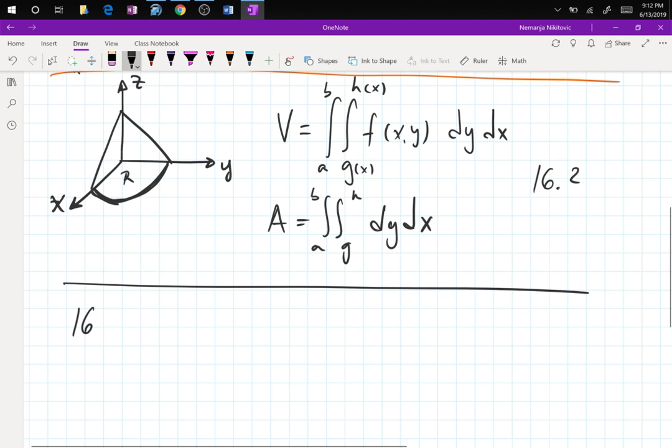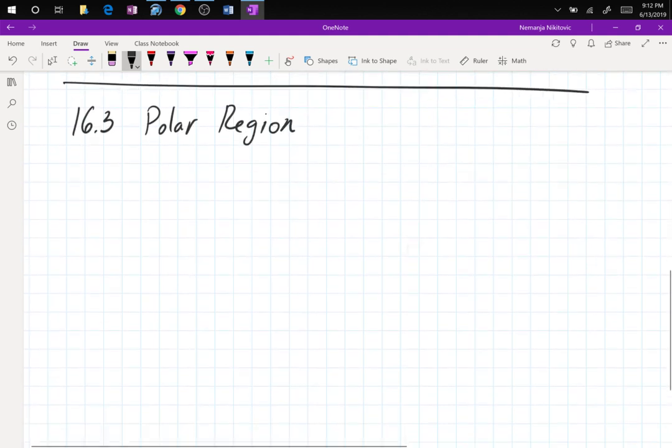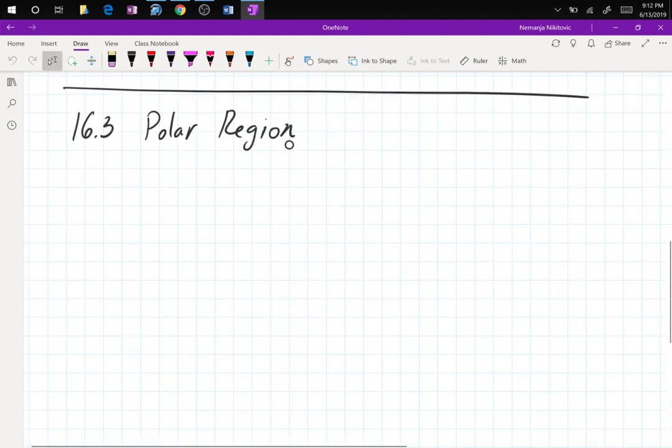So today in 16.3, polar domain, polar region, and this is where we want to integrate when we have circles and flowers and all of the other things that we can get in polar coordinates.